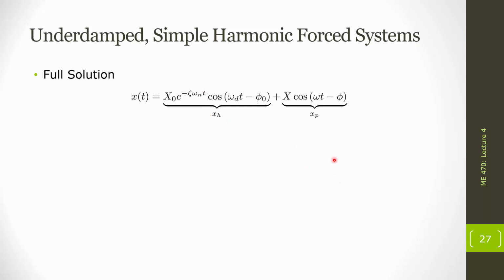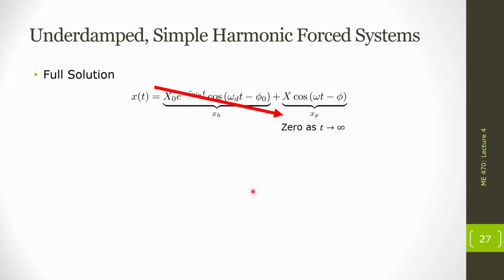But what's going to happen to this x of t, the total solution, as time goes forward? Well, the homogeneous part has that decaying exponential. We have e to a negative power, and that negative power gets larger and larger as t goes to infinity. So that whole homogeneous term is going to die out.